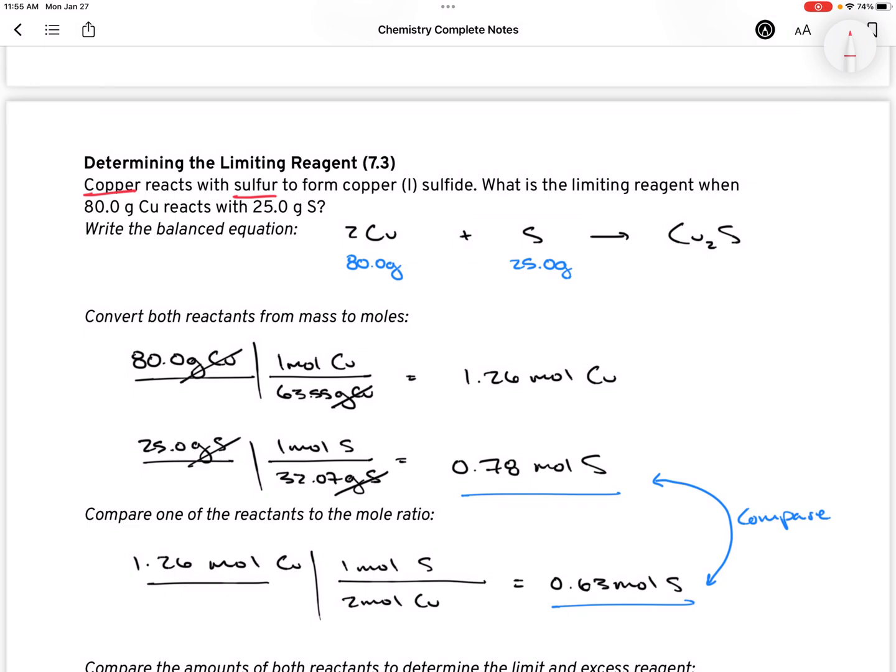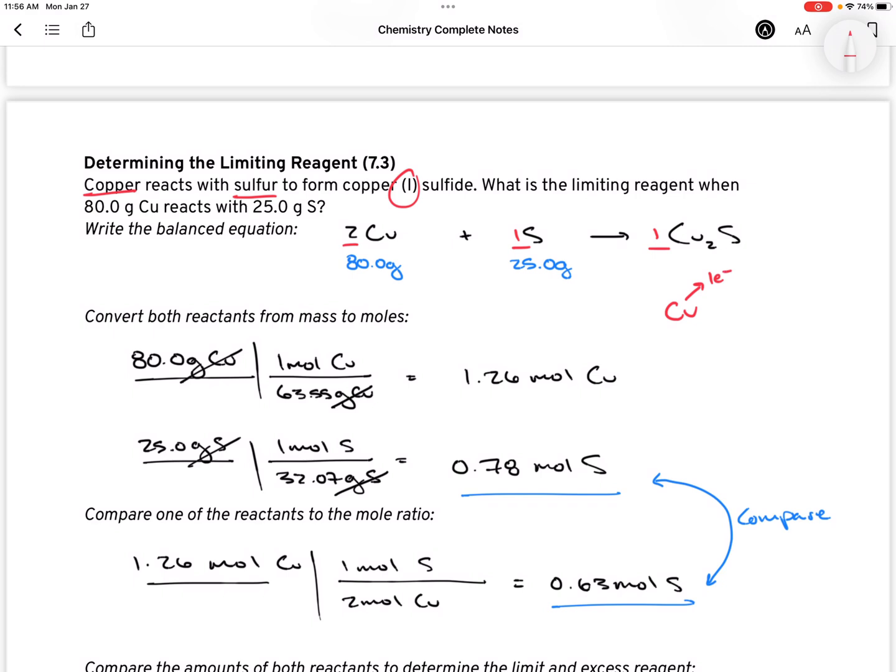What is the limiting reagent when 80 grams of copper reacts with 25 grams of sulfur? The first thing you have to do is balance the equation. We have 2 coppers for every 1 sulfur, and then we create 1 copper(I) sulfide. If you need a refresh, what does this 1 mean? Copper is only going to give 1 electron.